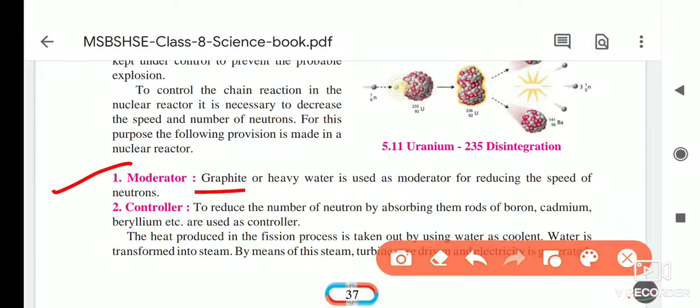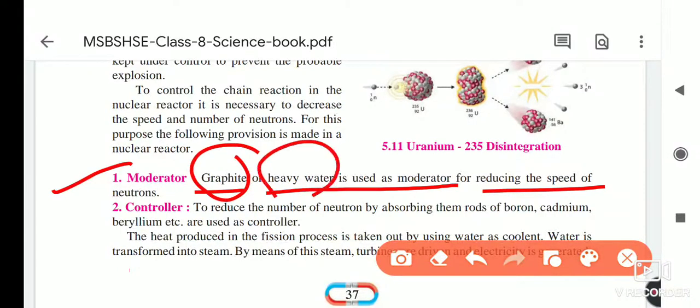That moderator is graphite, which is used in our pencil. Heavy water is also used as a moderator for reducing the speed of neutrons. So moderator is there.